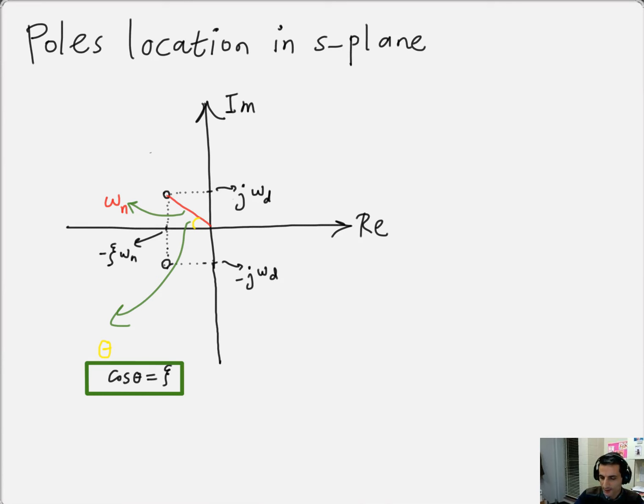So in this slide, you see the location of the poles of a second order underdamped system in the S-plane. So now we actually have two poles, and the poles are complex conjugate. As I said, the two poles are located at negative zeta omega n plus minus j omega d.